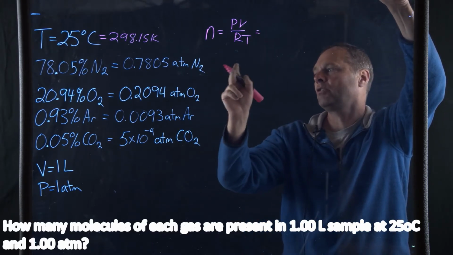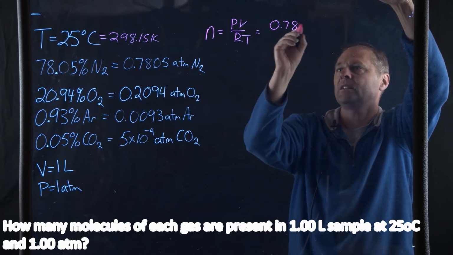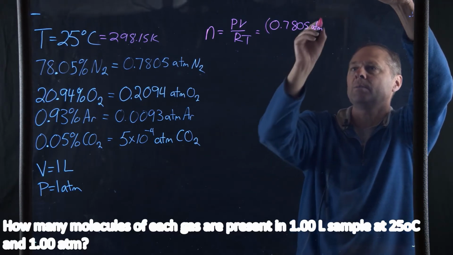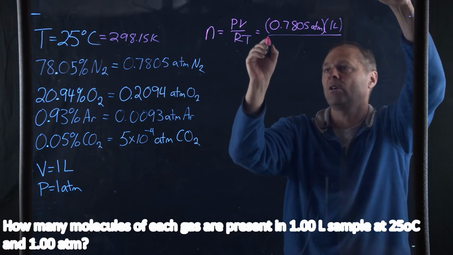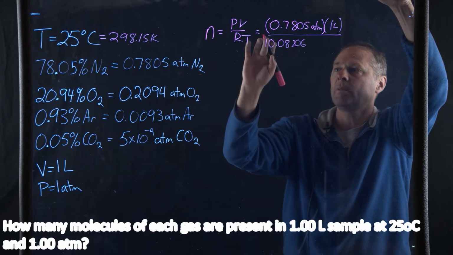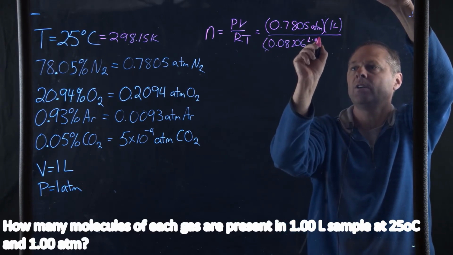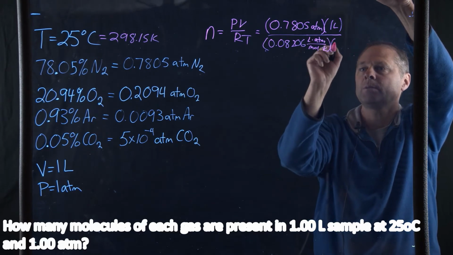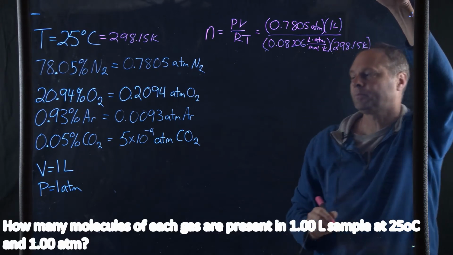So if we do the pressure for nitrogen, that's going to be 0.7805 atmospheres times the volume, which is 1 liter, divided by R, which is 0.08206 liter atmosphere per mole Kelvin, times our temperature, which is 298.15 Kelvin.